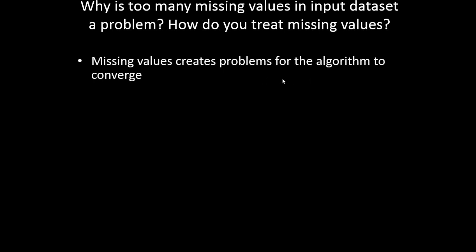Well, missing values actually create problems for the algorithm to converge. A lot of times, if your dataset has too many missing values, it takes a lot of time to converge firstly, and many times your algorithm will not converge. That means if you're running a logistic regression or a discriminant analysis, most likely with a large amount of missing data, it's not going to converge properly.